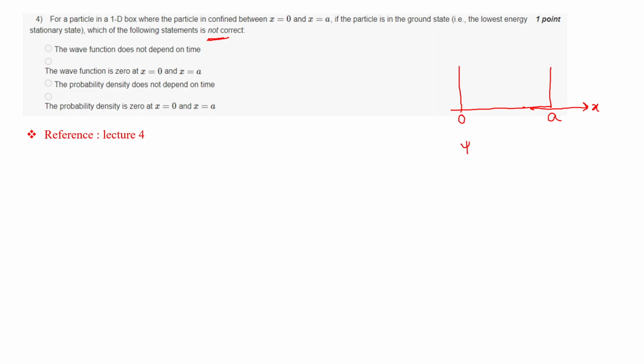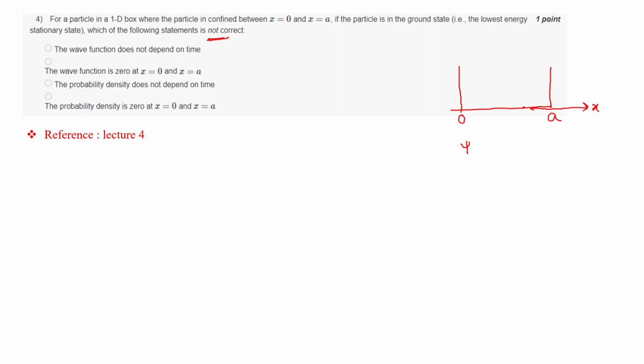Why? I think I have mentioned that the wave function is a function of what and what?